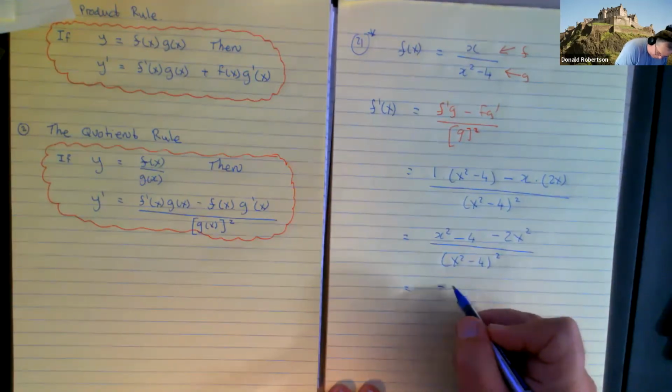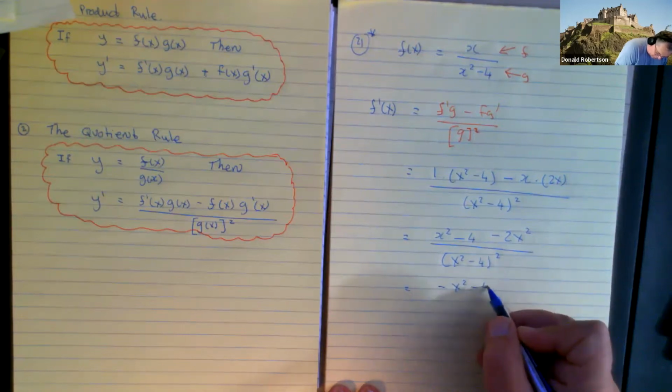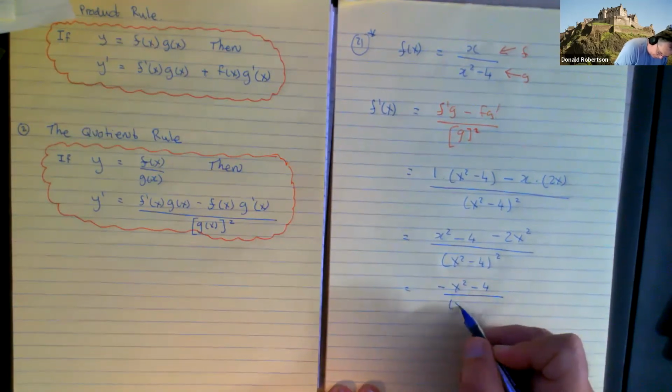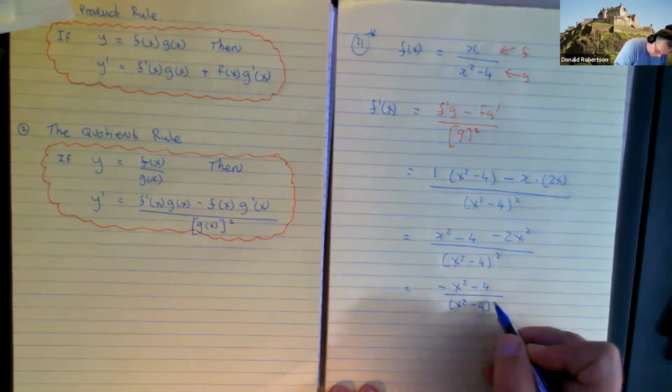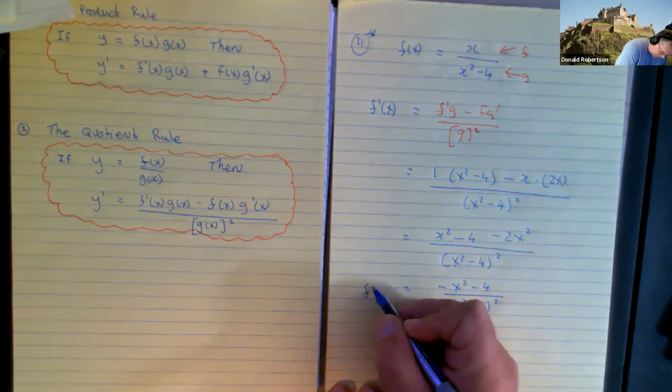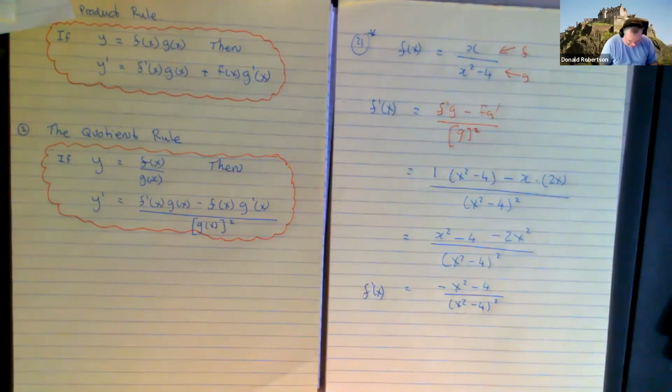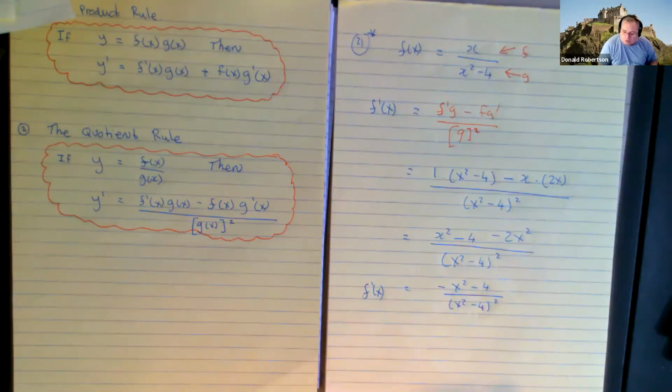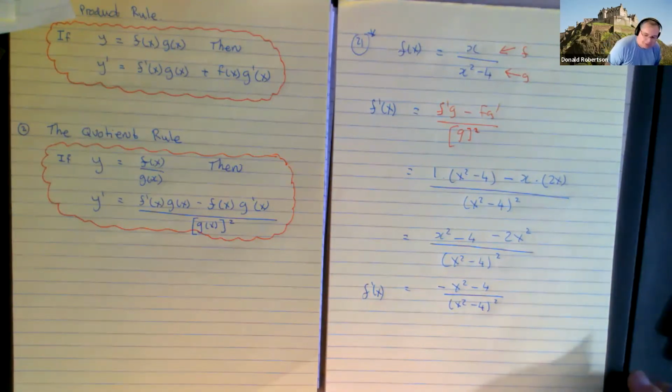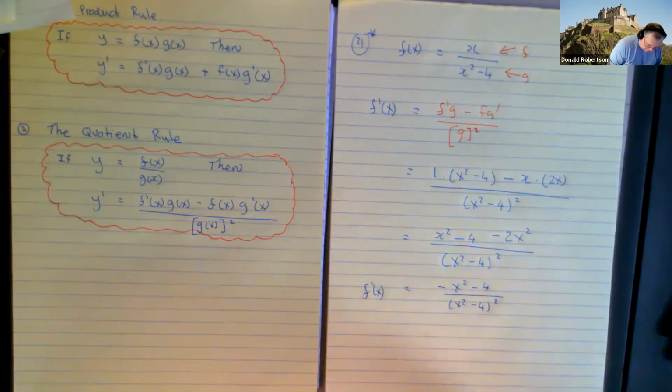And there's nothing pretty about the answer. But that is the answer. I know they cannot cancel. I guess I could pull out a minus 1 as a common factor, but I don't think it would help at all. So I'm just leaving it like that.